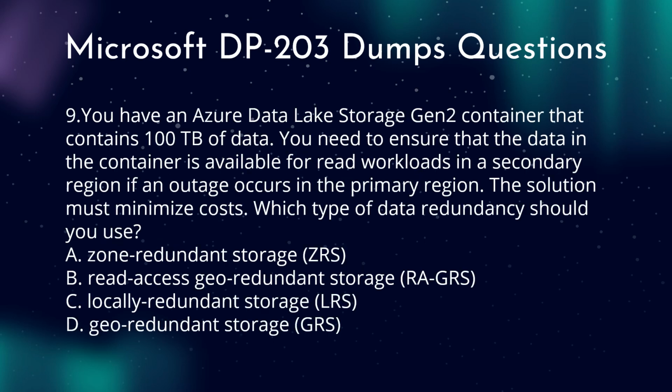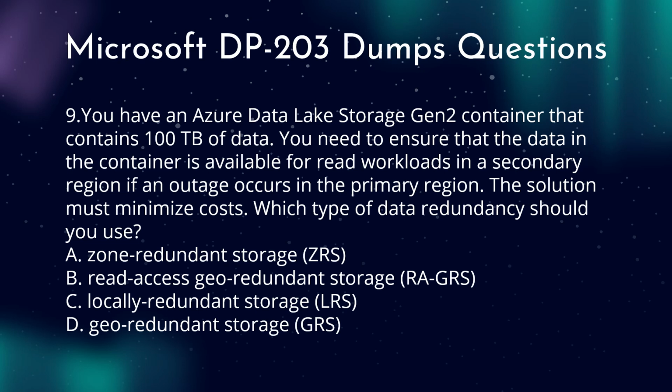9. You have an Azure Data Lake Storage Gen2 container that contains 100 terabytes of data. You need to ensure that the data in the container is available for read workloads in a secondary region if an outage occurs in the primary region. The solution must minimize costs.